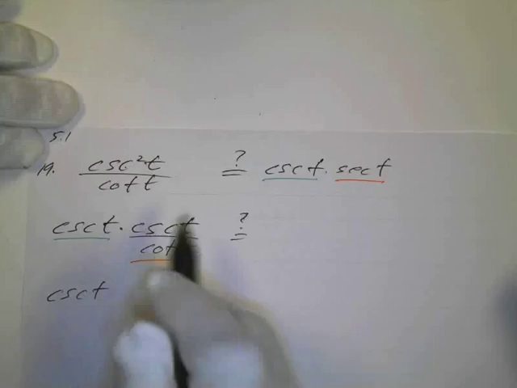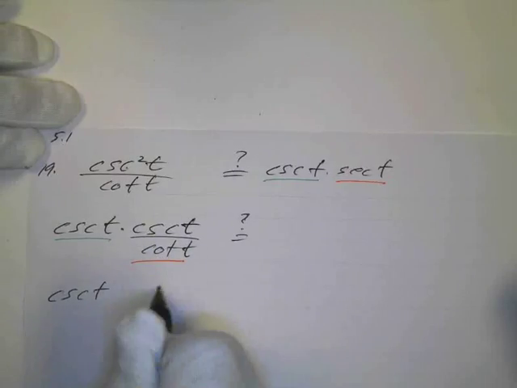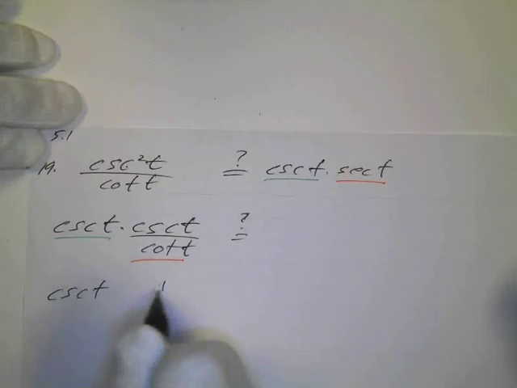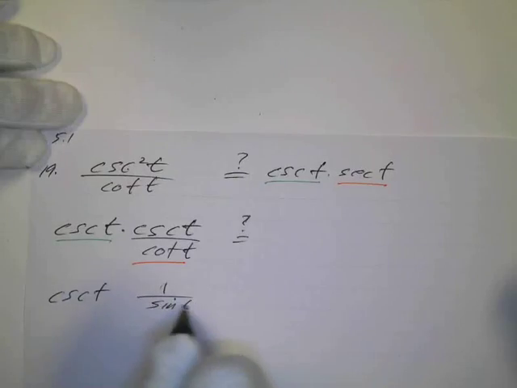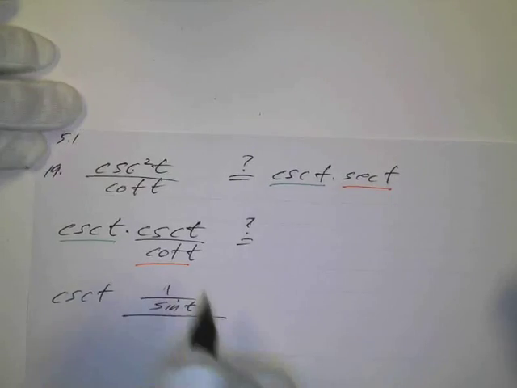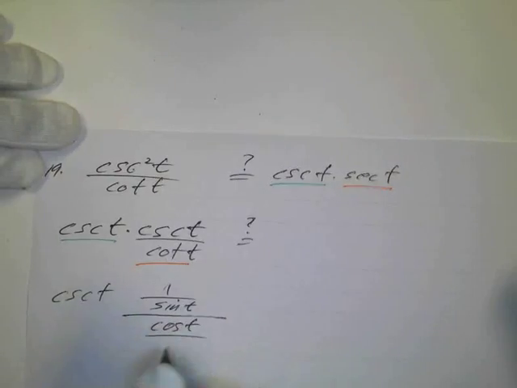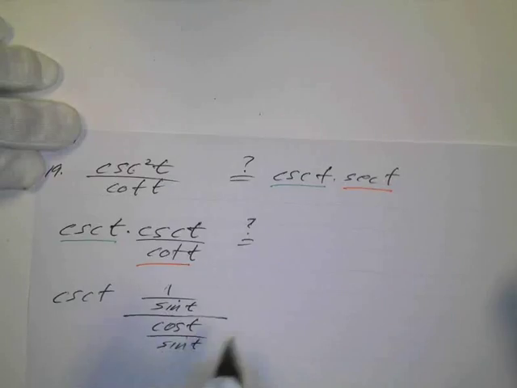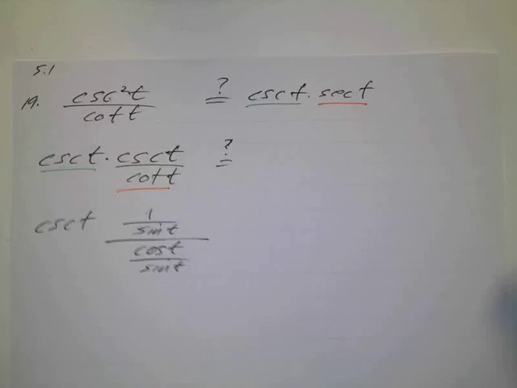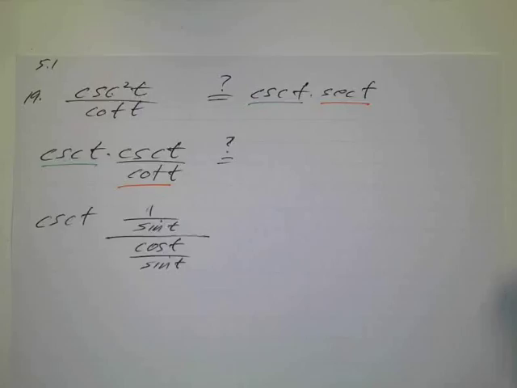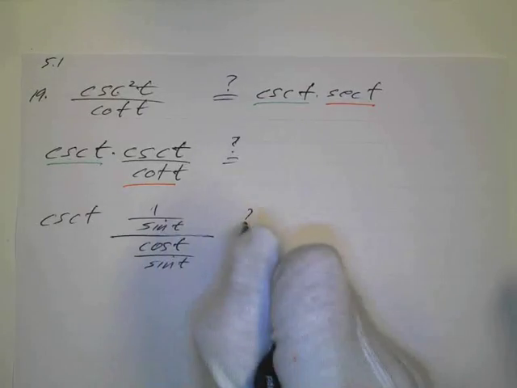I don't want to mess with that. And the cosecant is the same thing as 1 over the sine, right? So I've got 1 over the sine on top. And on the bottom, I've got the cotangent, and the cotangent is the cosine over the sine, isn't it? There we go. So that's looking a little bit better.